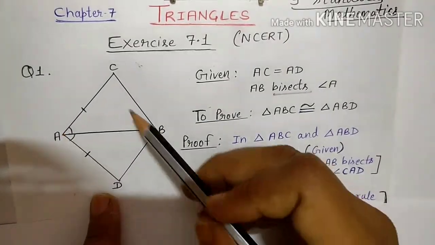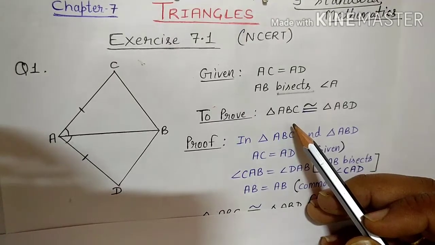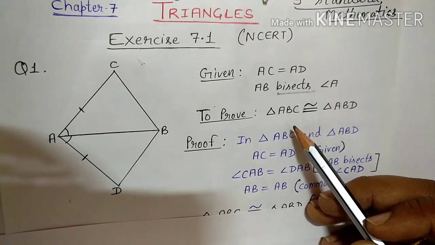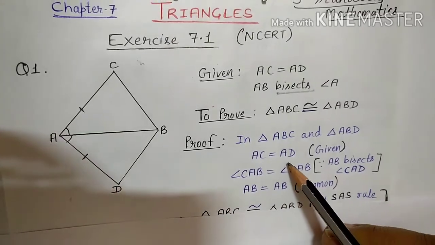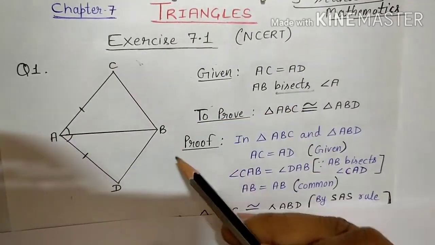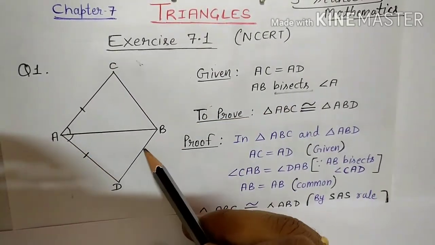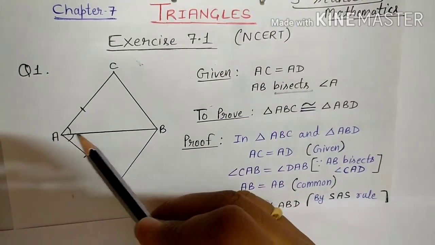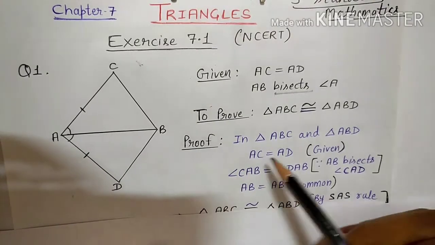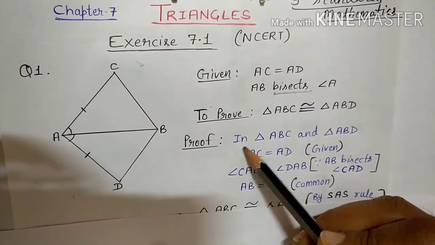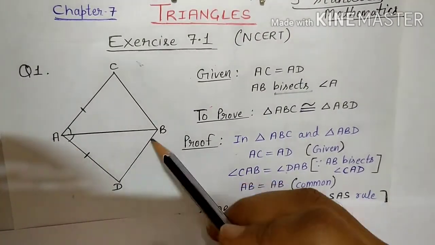So in triangle ABC and ABD, the same triangles which we have to prove congruent, AC equals AD, already given. Then angle CAB equals angle DAB. Why? Because it is already given that AB bisects angle A. So these angles are equal: side, angle, and then AB equals AB.